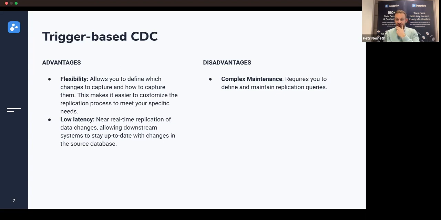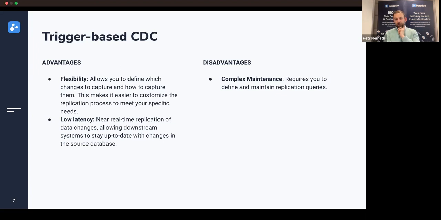The disadvantage is that it is extremely complex and difficult to maintain. If you remember, when we were talking about query-based CDC, this typically required maintaining a certain number of queries that capture the changes.